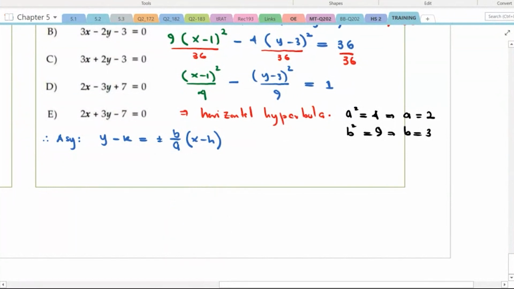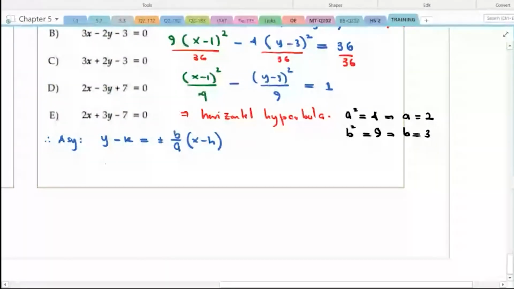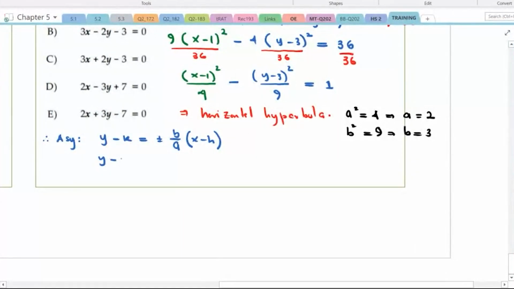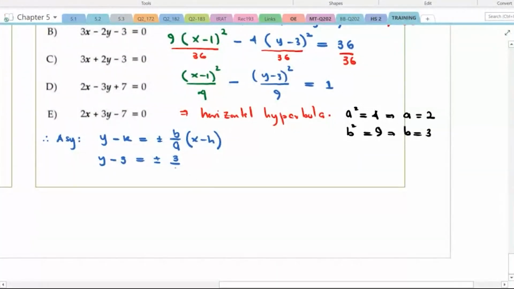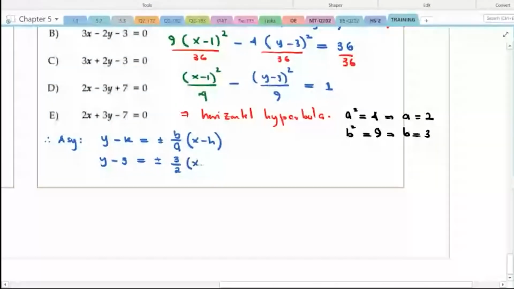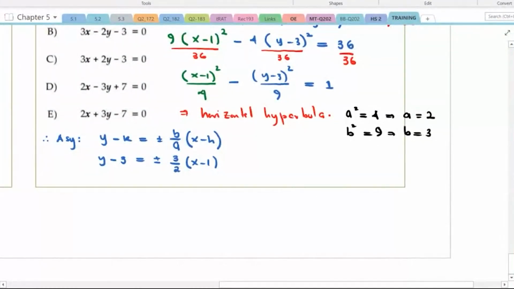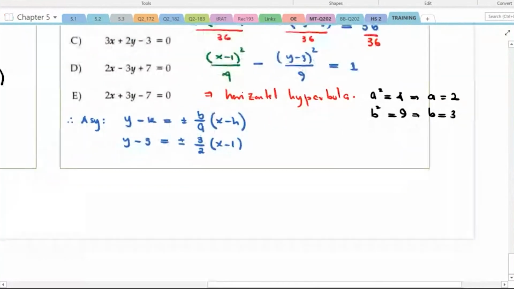So gentlemen, let us substitute. Here now we have y minus k, that is going to be y minus 3, equal to plus or minus. What is our b? Our b is 3. And what is our a? Our a is 2, into (x minus 1). Now we have to clear the fraction before we separate them into two parts.